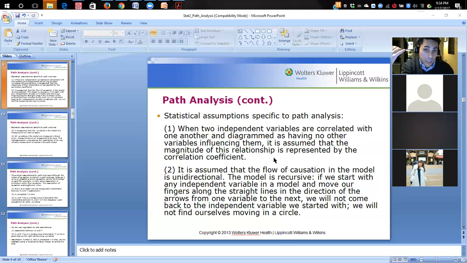That is what you call path analysis. It is assumed that the magnitude of this relationship is represented by that correlation coefficient.